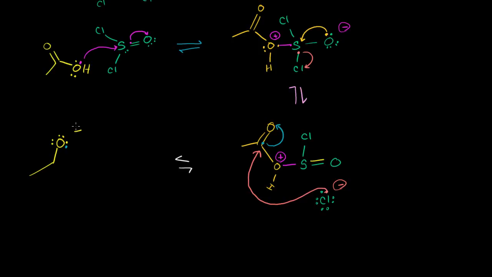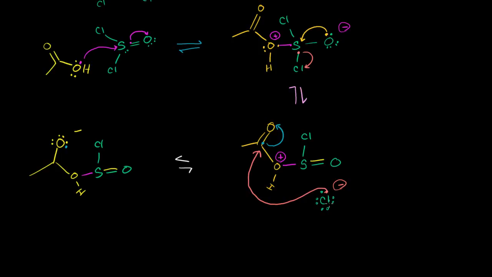It gained an electron, and then it is bonded to this OH group right over here. And then that is bonded to the sulfur, which is bonded to the chlorine, and now double bonded to that other oxygen.